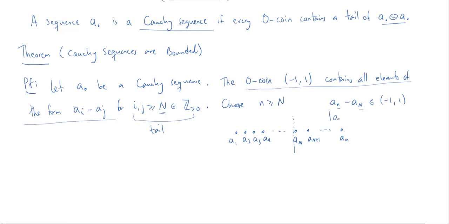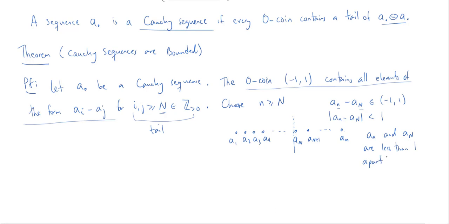Okay, but if I want the distance, then I need to take the absolute value. And if the difference is between -1 and 1, then the absolute value is less than 1. So this tells us that A_n and A_N are less than 1 apart.